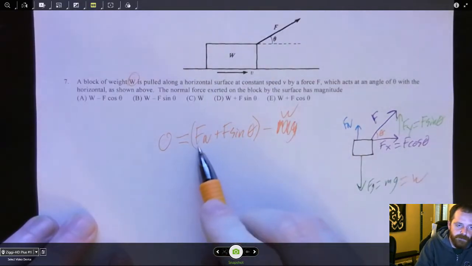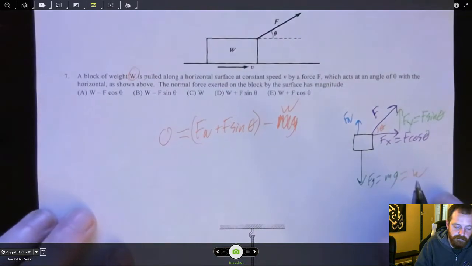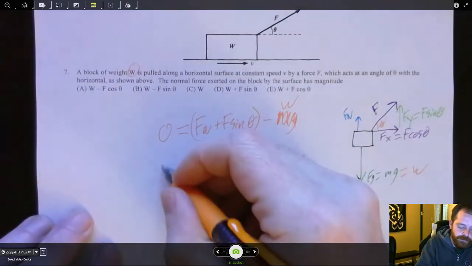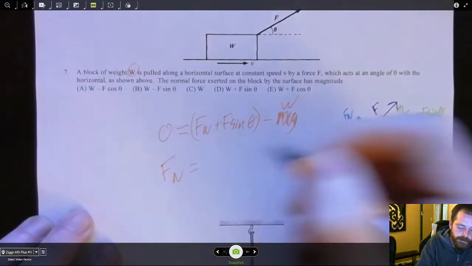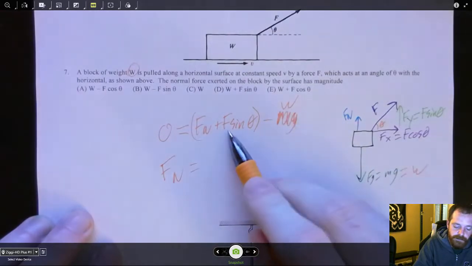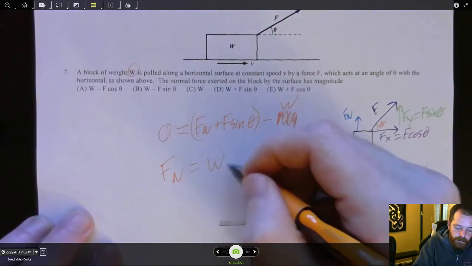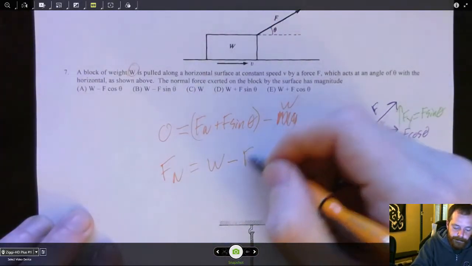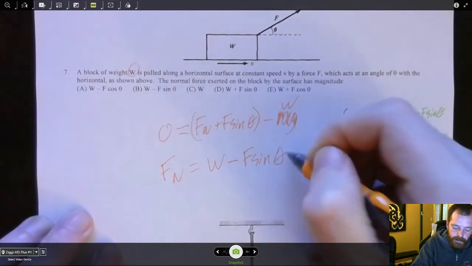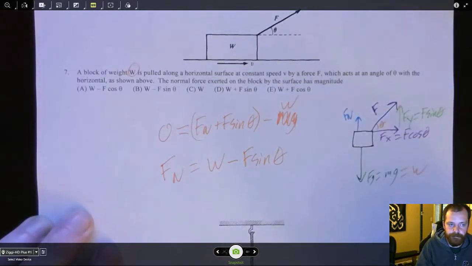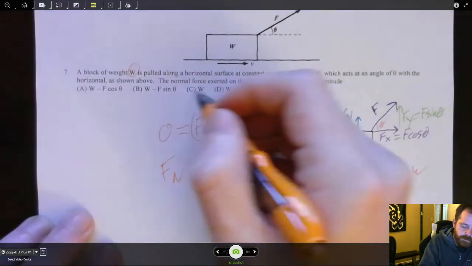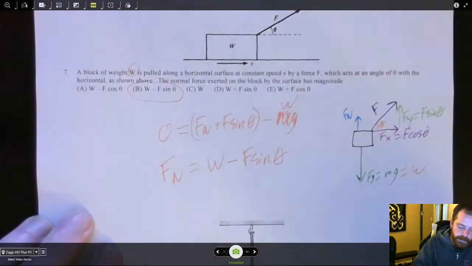We want to get the normal force by itself, so the rest is just algebra. So we get the normal force is equal to the weight minus F sine theta. So that would be answer choice B.